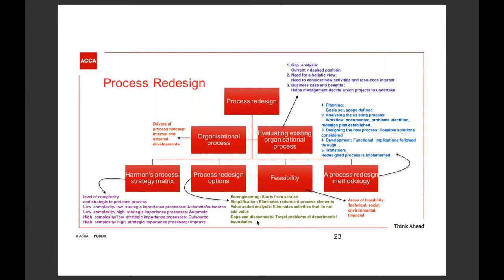You may also want to undertake the gaps and disconnects option for your process redesign. What this means is that you are targeting problems at departmental boundaries. Let's say you decided to have an integrated system in your organization, linking your process from one department to another, so basically the whole department is integrated.